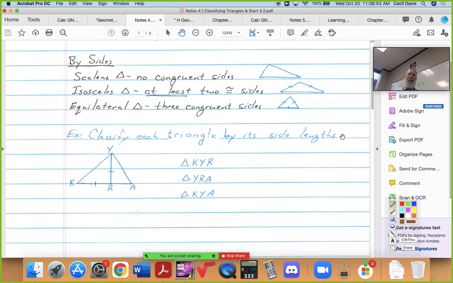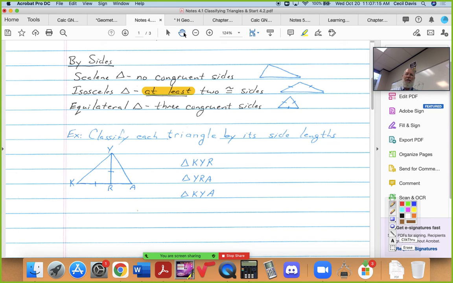That's an important thing that you may not have done before. And then an equilateral triangle, Marcy, this is what you were asking about. An equilateral triangle has three congruent sides.